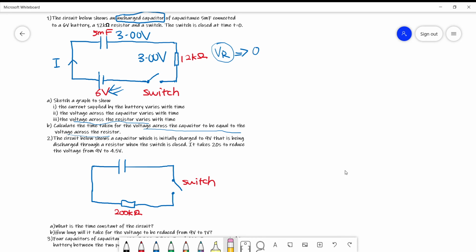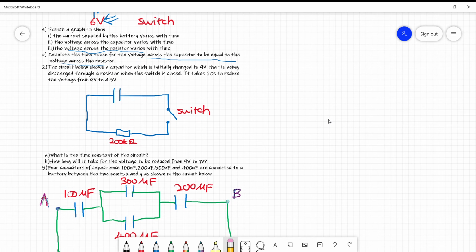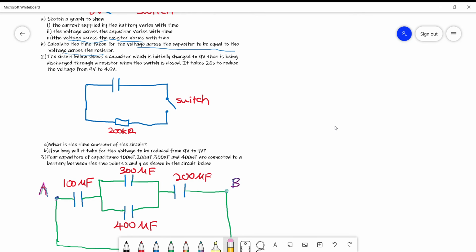Let me just drag it down. Alright, question number 2. The circuit below shows a capacitor which is initially charged to 9 volts. It means that the maximum potential difference across the capacitor is 9 volts. It is being discharged through a resistor when the switch is closed.